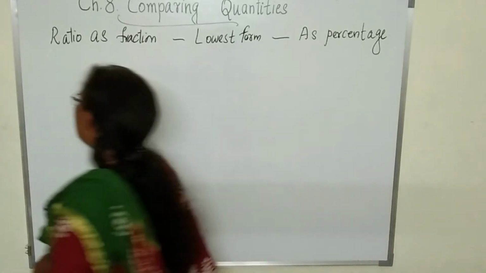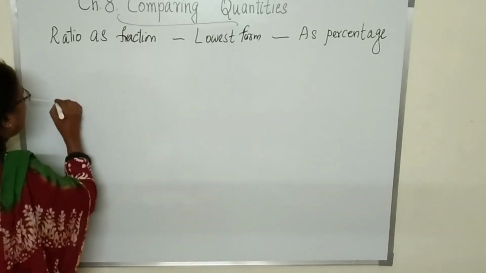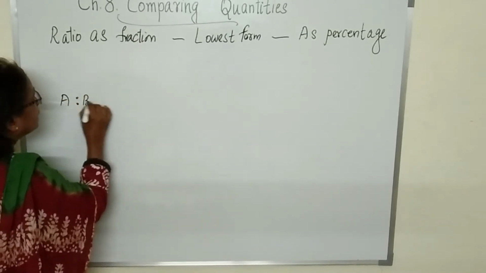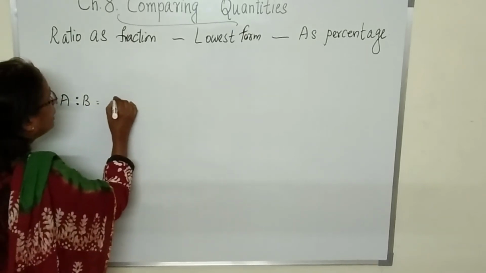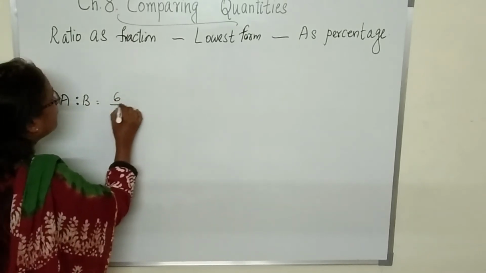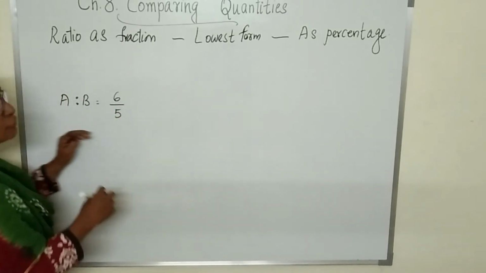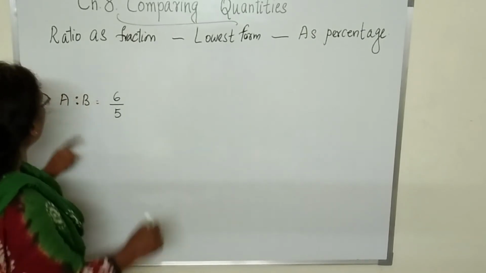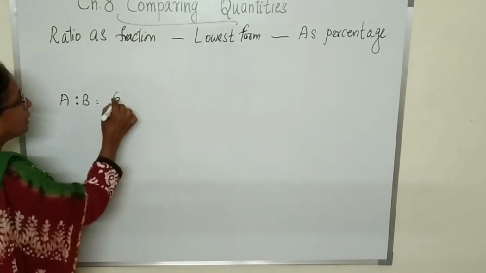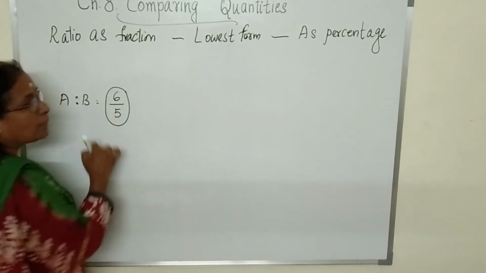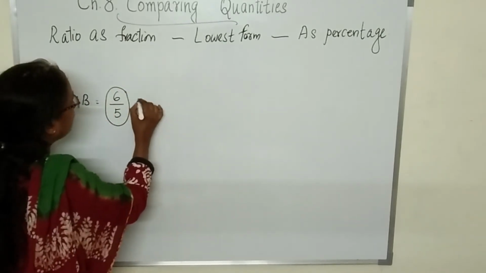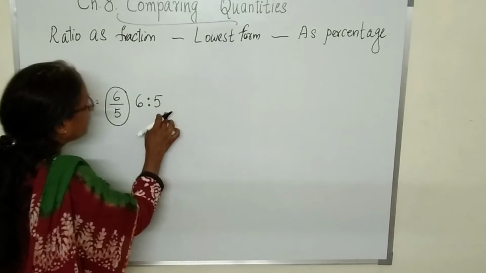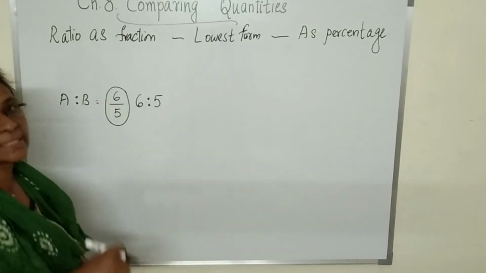For example, the ratio of the height of A to B, which we discussed just now, we got 6/5. When we write this as a ratio, it is written as 6 is to 5. So 6 is to 5 can also be written as 6 upon 5.